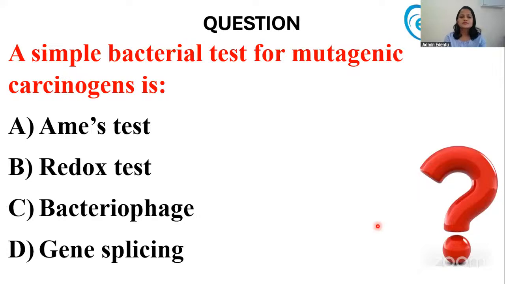Next question. A simple bacterial test for mutagenic carcinogens is: is it the Ames test, redox test, bacteriophage, or gene splicing? In laboratories and industrial uses, we use lots of chemicals.